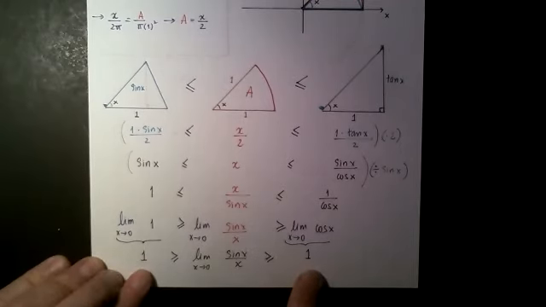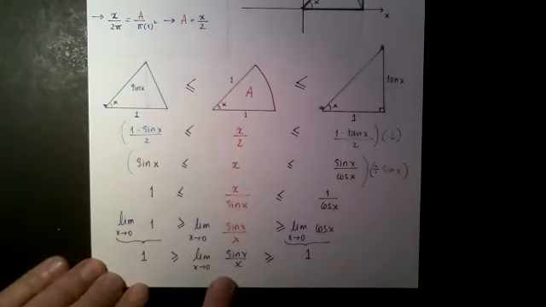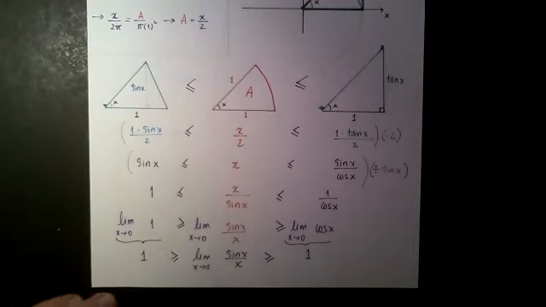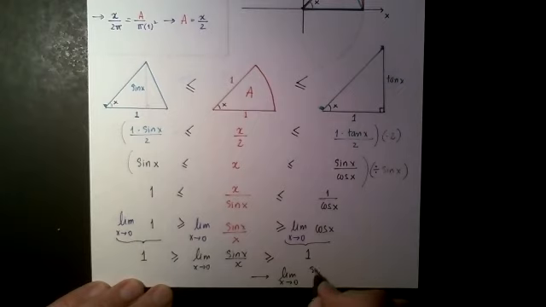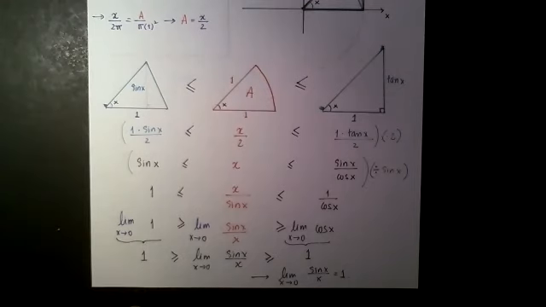So it has no other choice but to be 1, right? If it's between 1 and 1, then it's 1. There's nowhere to go. So we write here the limit as x approaches 0 of sine x over x is equal to 1. And I just showed what I wanted to prove.